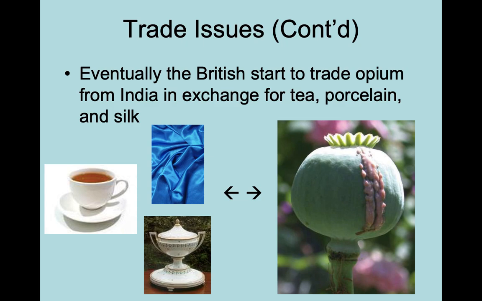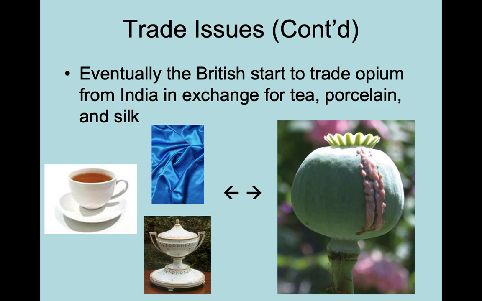One country that had a significant impact and was able to change the trade relationship between Europeans and the Chinese was the British. From their new colony in India, the British were able to acquire the plant opium, which was used to make a variety of substances, including addictive drugs.